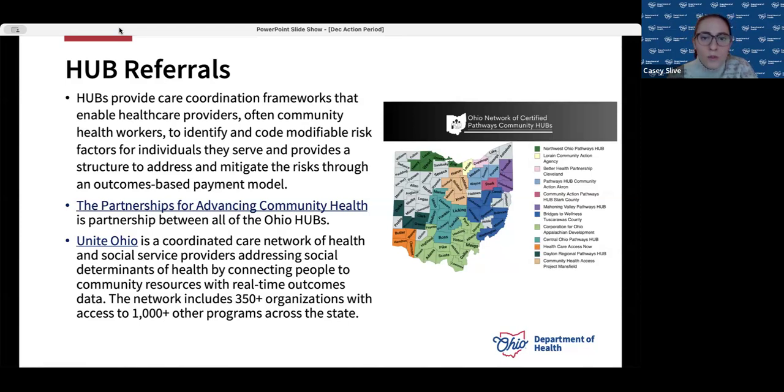Unite Ohio is one of the major pieces of the hub work, and they're continuing to expand across the state and have connections with quite a few organizations and programs. Unite Us has also partnered with CliniSync, and they are continuing their expansion to healthcare systems and health plans across the state. CliniSync can provide support to health systems to join the network and integrate within their EHRs as well.